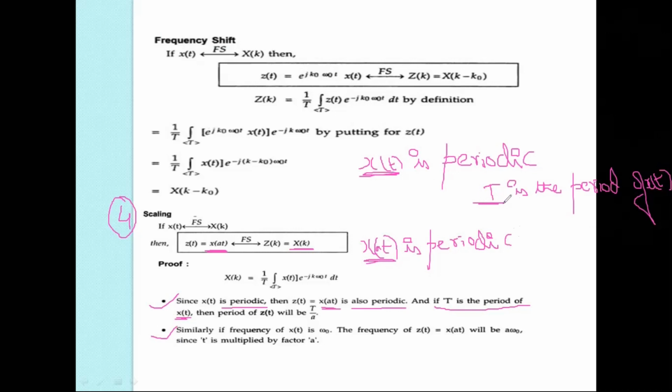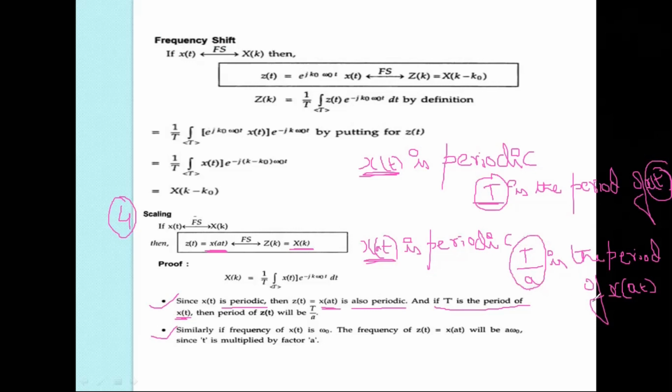If T is the period for x of t, then for x of at, T by a is the period. Remember, my dear students, this is very important. For x of t periodic, T is the period of x of t. For x of at, T by a is the period of x of at.